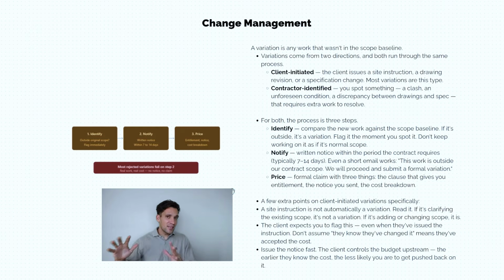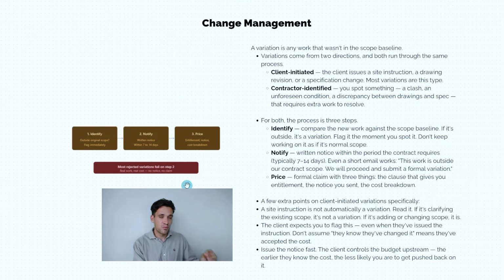Then we have the other category of variations, which is contractor-initiated variations. So for example, we go to our new building construction site and we begin bulk earthworks and we find an unidentified underground service. The original contract, we think, says that we were not responsible for latent conditions, including underground services. So we have to send a notice to our client and we have to say, we have identified these underground services.